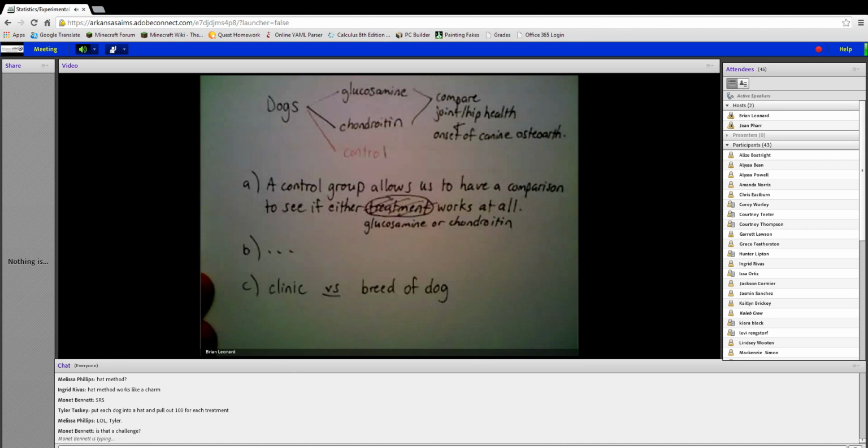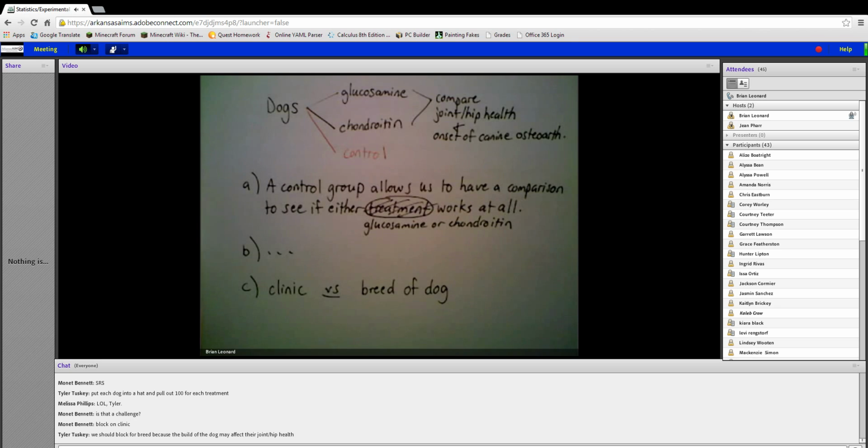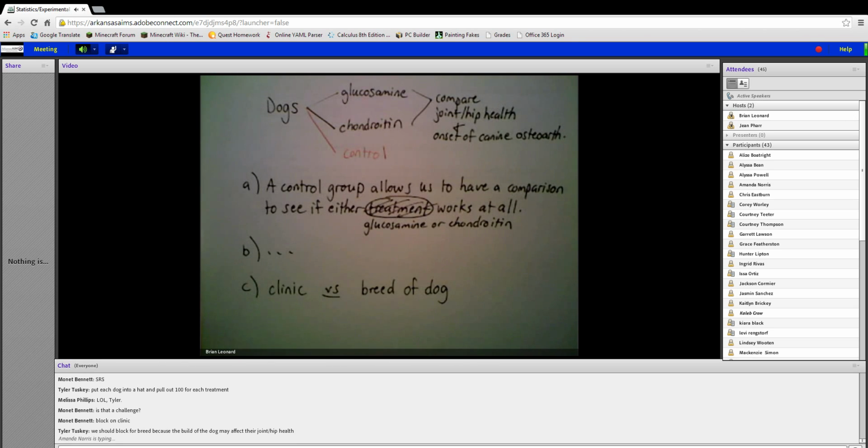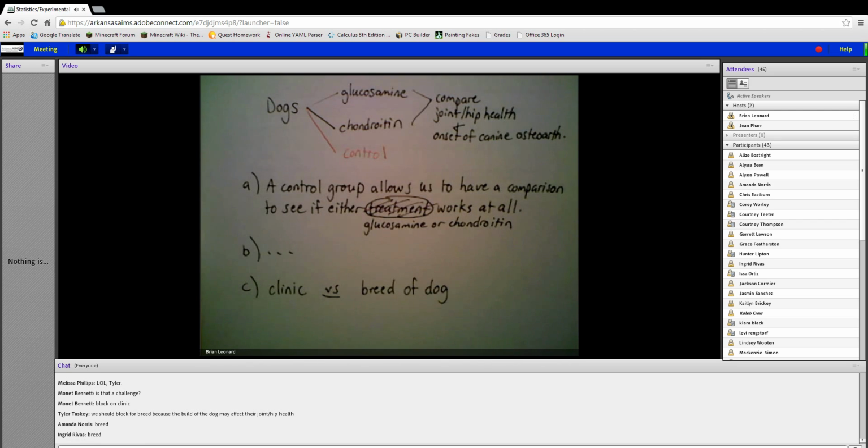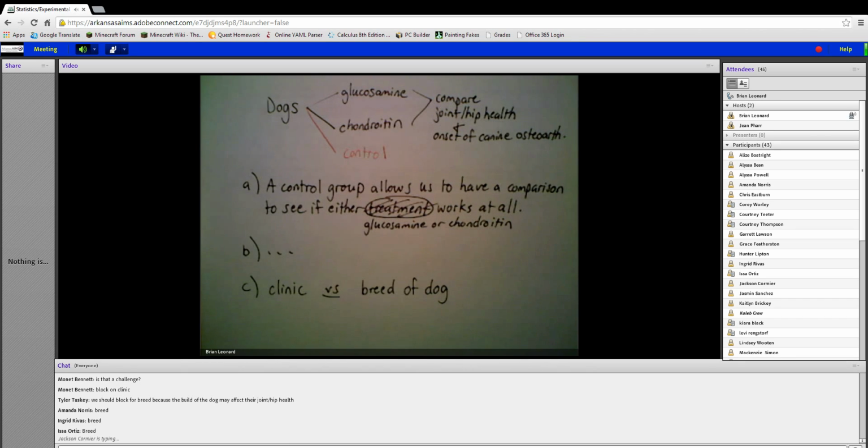Which one makes a better blocking variable? Any other thoughts? I'm seeing breed a lot. And you're absolutely right.